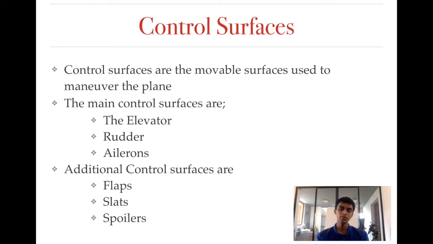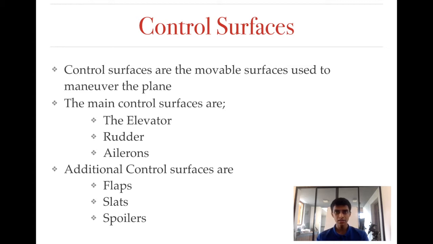Okay, now we are on to our final part of our lecture, which will be on control surfaces. Now, control surfaces are basically defined as movable surfaces which can be used to maneuver the plane. Now, if you go back to the beginning of the video, you will see that I showed you a picture of the parts of the plane, right?